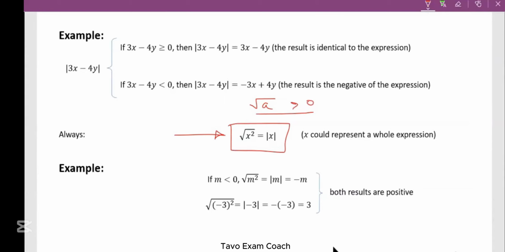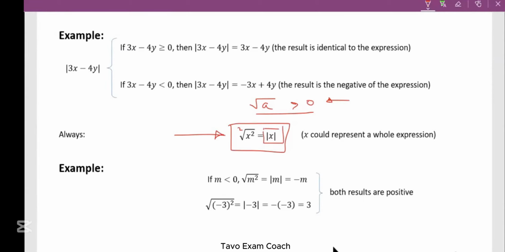Assuming that the square root is always positive, then we cannot simply cancel the exponent of x squared with the radical index 2, saying that the result is simply x. Because if x is negative, this wouldn't comply with this rule. If x was negative, then you would be saying that the square root of the expression is a negative number, and that cannot be. In order to always get a positive value, we take the absolute value of x.